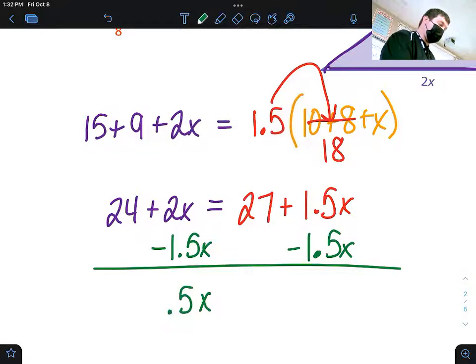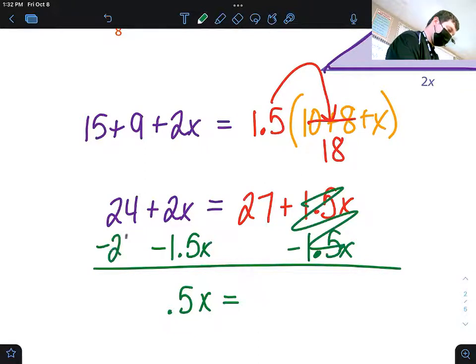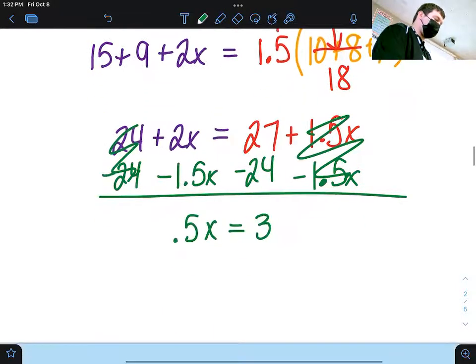Since I know my variable is going to go on the left, now I know that my constant needs to go on the right. So I'm looking to get rid of the 24. Chloe, how do I get rid of that 24? Perfect. What's 27 minus 24? 3. Now I know you're wanting to get your calculator out. How many times does a half go into 1? Twice.